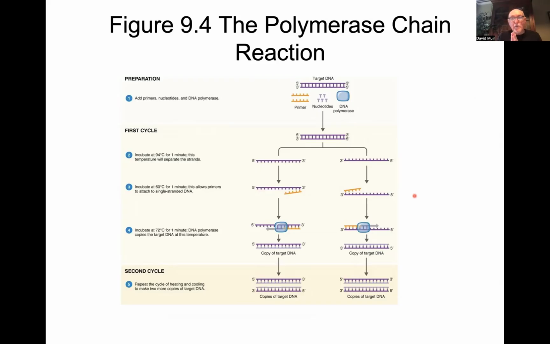Now, when you think about what we need for DNA replication, what did we need? First of all, before we could replicate the DNA strands, we had to have a primer. We had to have an RNA primer, a short piece of RNA which base paired to the DNA and temporarily formed a hybrid DNA-RNA strand.